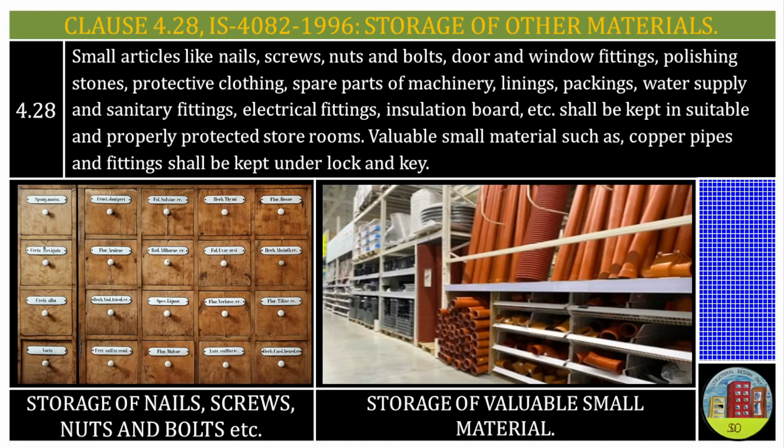Small articles like nails, screws, nuts and bolts, doors and windows fittings, polishing stone, protective clothing, spare parts of machinery, lighting, packaging, water supply and sanitary fittings, electrical fittings, insulation board, etc. shall be kept in suitable and properly protected storeroom. Valuable small materials such as copper pipe and fittings shall be kept under lock and key. And these are the pictures of storing such elements.